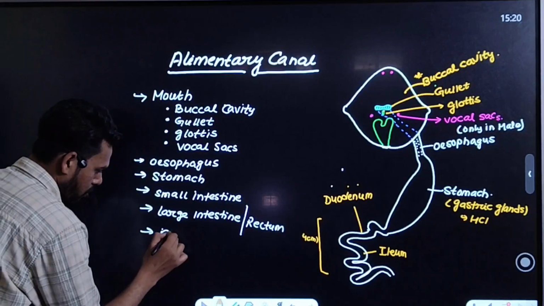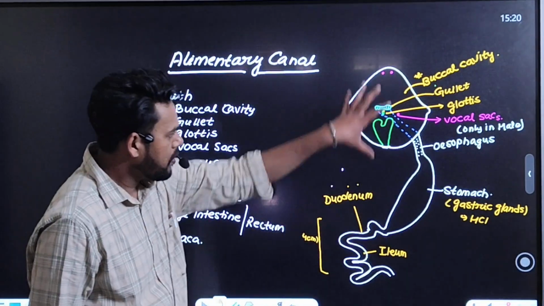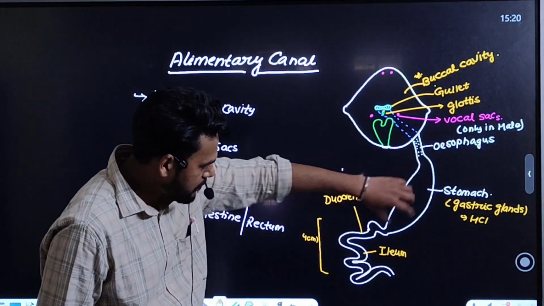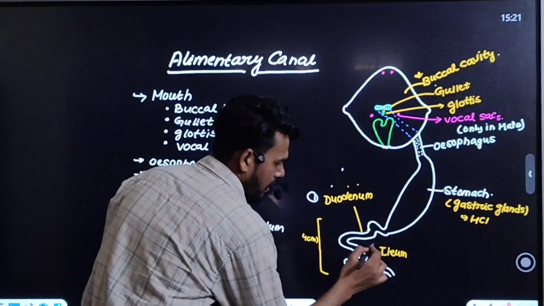The last part is called cloaca. Okay, so mouth, esophagus, stomach, small intestine which has 2 parts, duodenum and ileum.